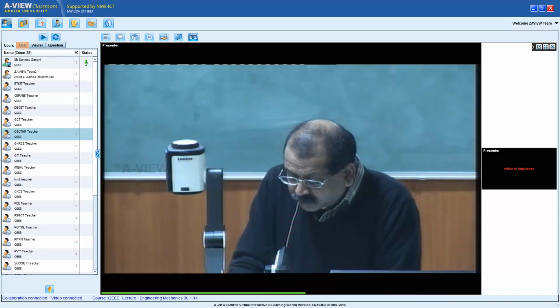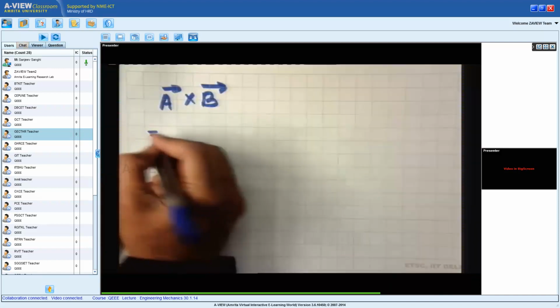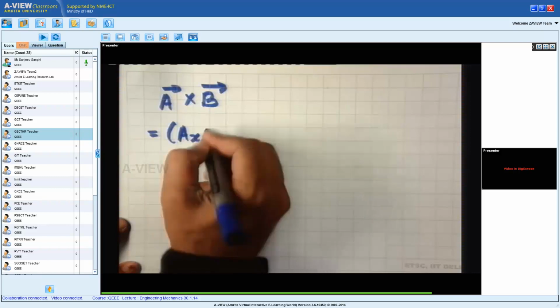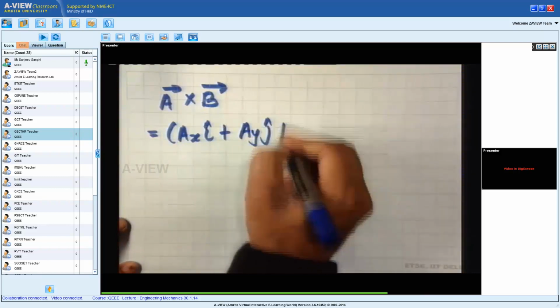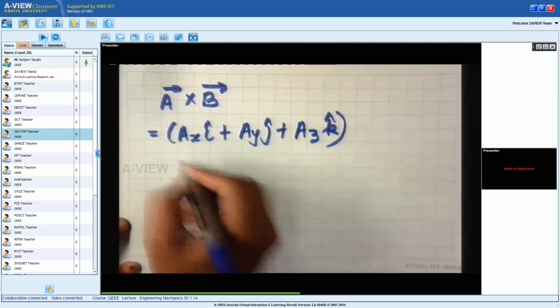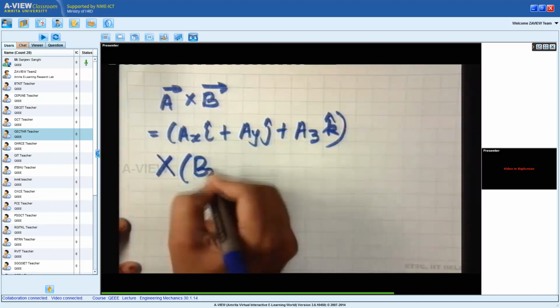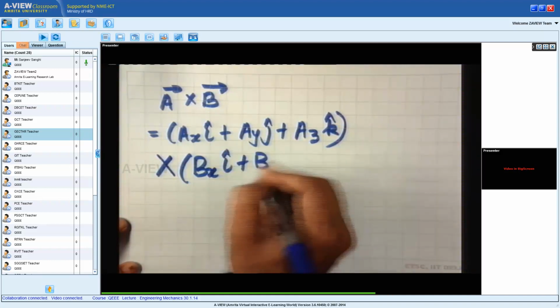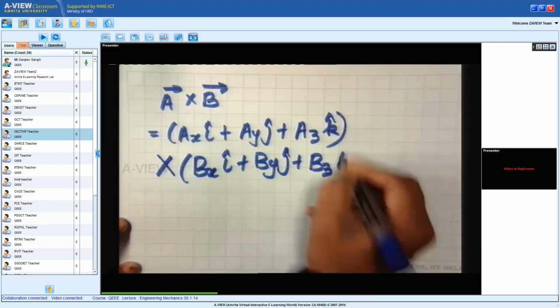Similarly, if I have to find A cross B, how do I go about doing this? I will write it as AXI plus AYJ plus AZK, and we take a cross product of this with BXI plus BYJ plus BZK.